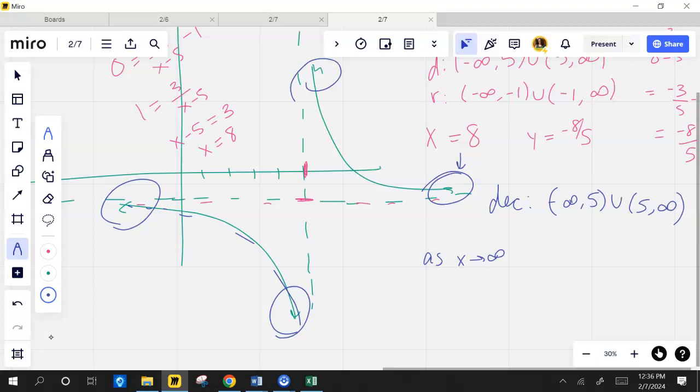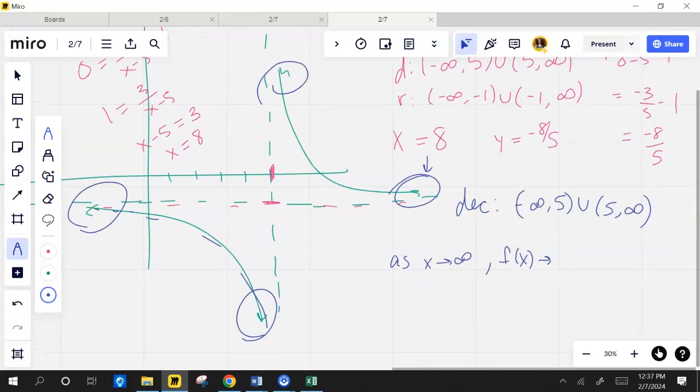As x approaches infinity, so the farther I go to the right, what's y getting closer and closer to? Negative 1.